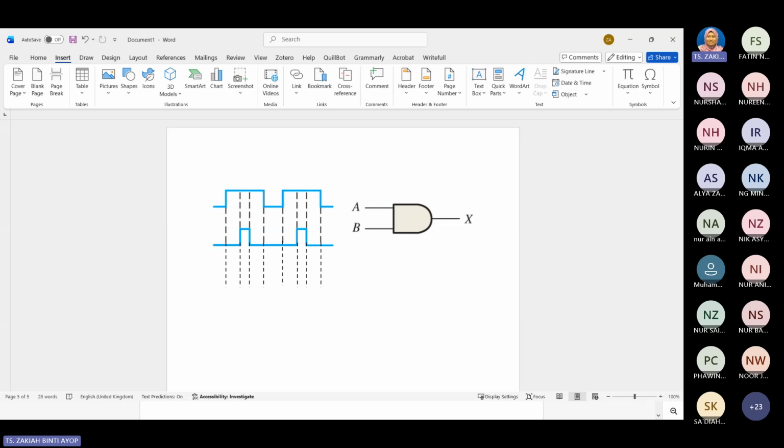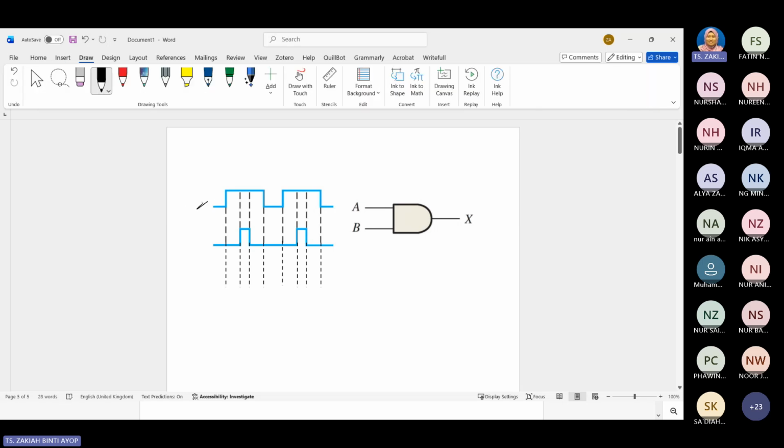Now this is the timing diagram that I have copied from the question. So what you need to do is determine the input and then the output, A and B, right? Please make sure that you understand what the function is for this. So just write X is equal to A dot B.